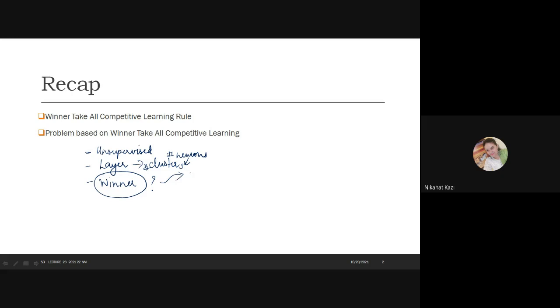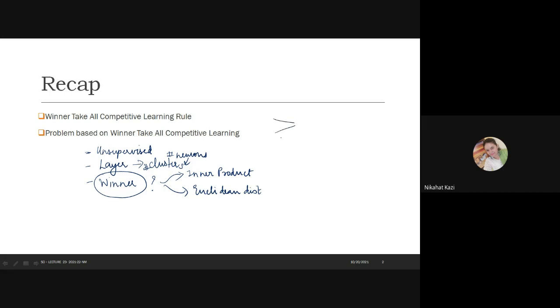On the basis of either the inner product, right, or the Euclidean distance with the pattern.